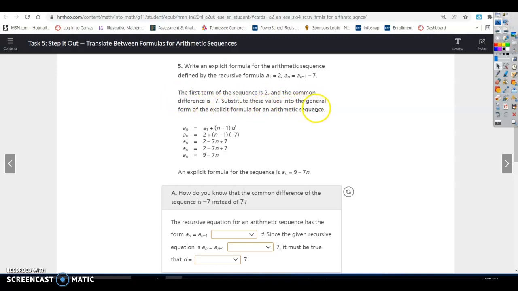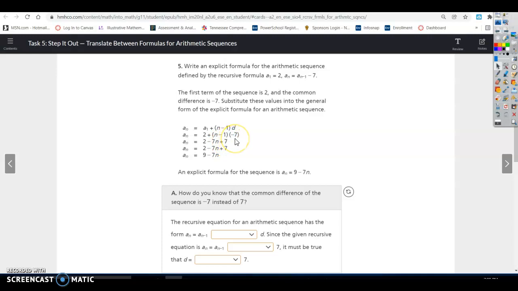Substitute these values into the general formula for an arithmetic sequence. Our general formula is a sub n equals a sub 1 plus n minus 1 times d. If we substitute our first term of 2, which is given, and our common difference of negative 7, which is given, then we can simplify this expression.